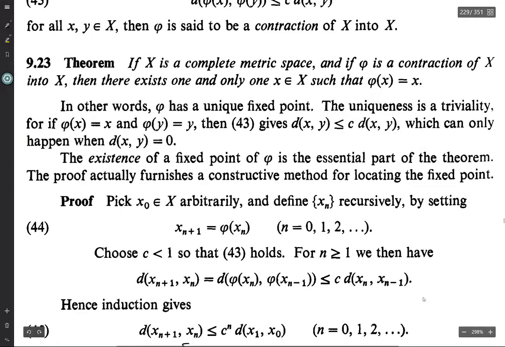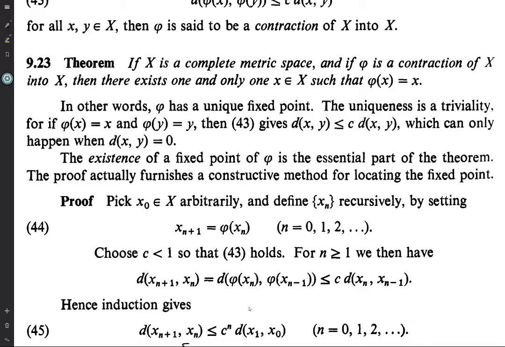All right, and so if you use induction, then the distance between x(n+1) and x(n) is going to be less than or equal to c to the n times the distance between x0 and x1. And that sort of makes sense because every time you increase the indices by 1, the bound increases.